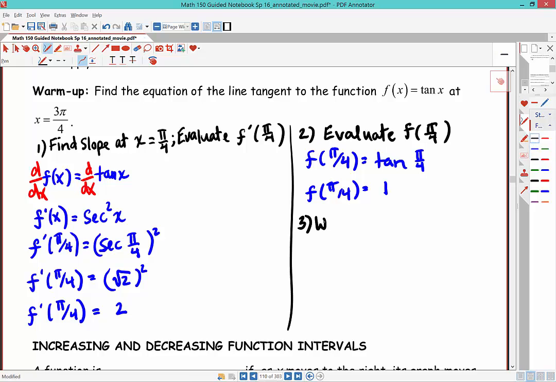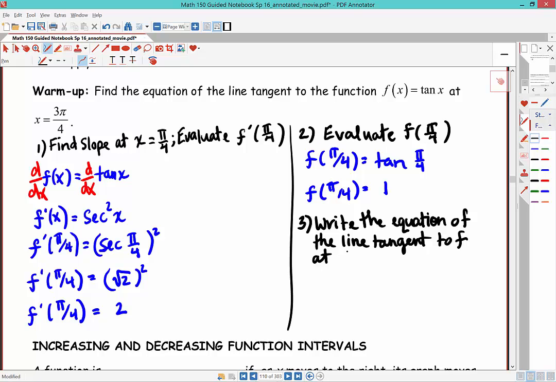we will write the equation of the line tangent to f at the ordered pair.